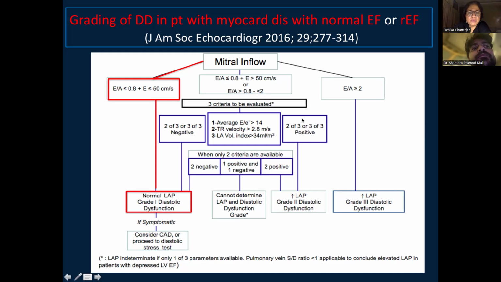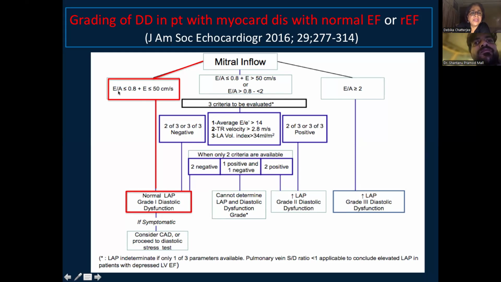So now look at this flow chart. Here is the mitral inflow. All will see the mitral flow pattern, TR, LA volume, E by E prime, all those. Now let us concentrate on the left arm of this flow chart. Here is the mitral inflow.